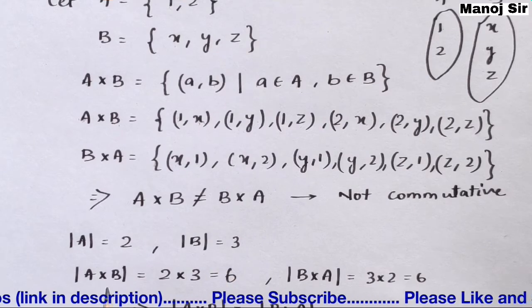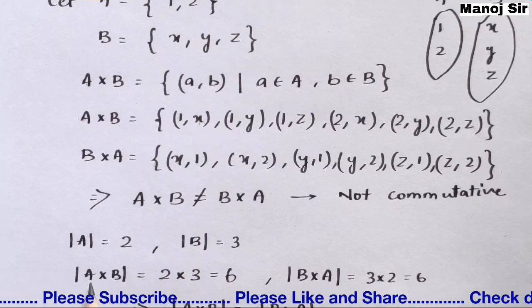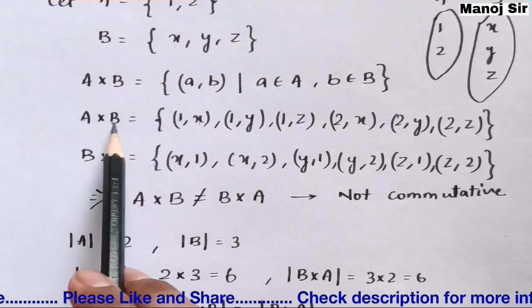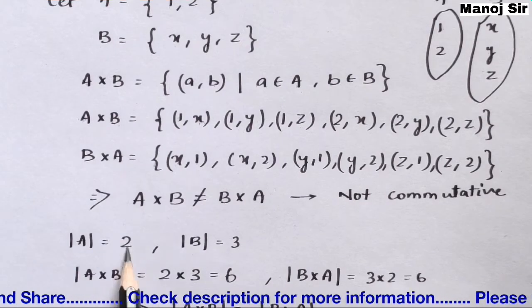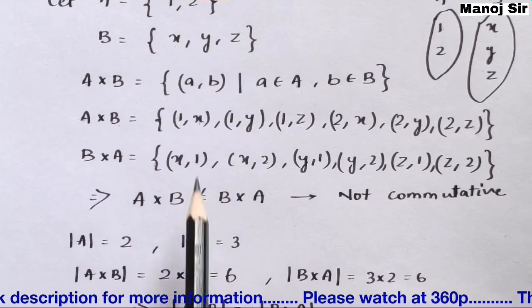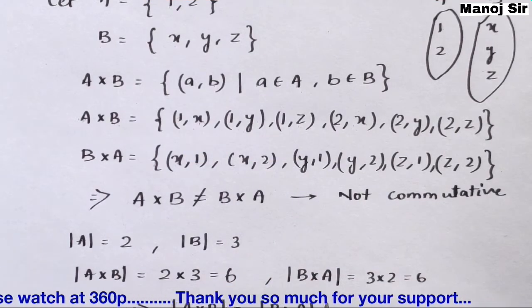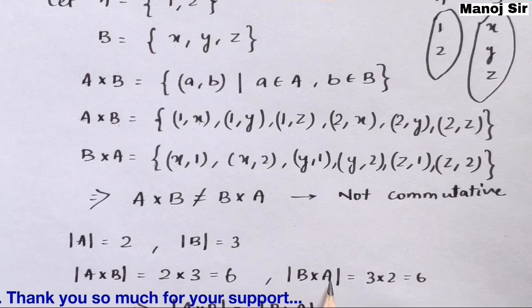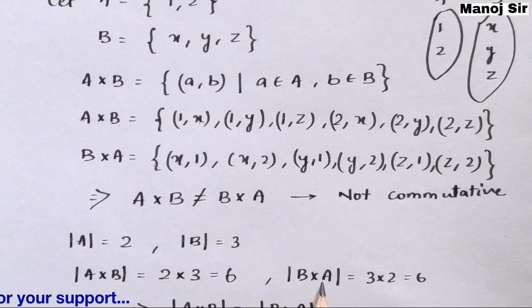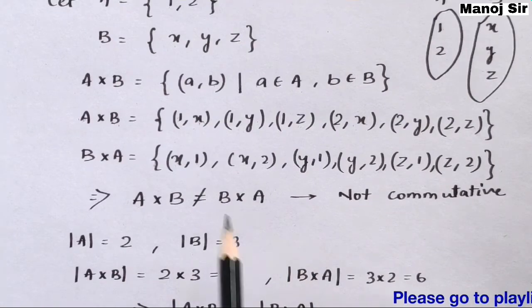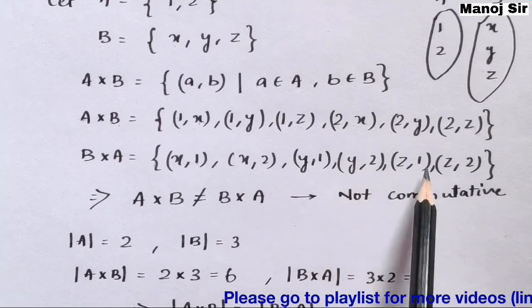If you want the cardinal number of A cross B, it is 2 into 3, that is 6: 1, 2, 3, 4, 5 and 6. Similarly, the cardinal number of B cross A is 3 into 2, again 6.